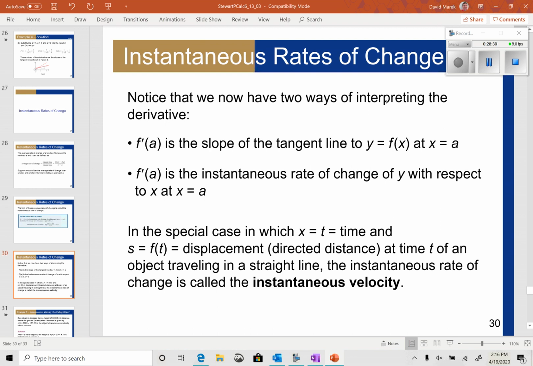Instantaneous velocity. If x is measuring time and f of x or f of t is displacement, the instantaneous rate of change becomes the velocity of that object at any instant in time. Instantaneous velocity.